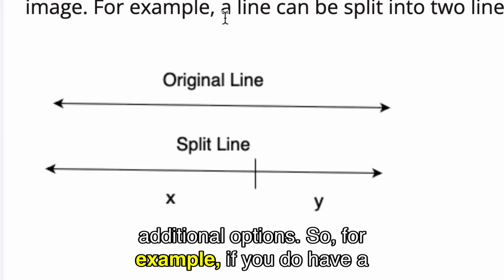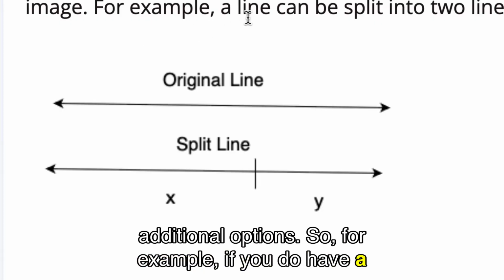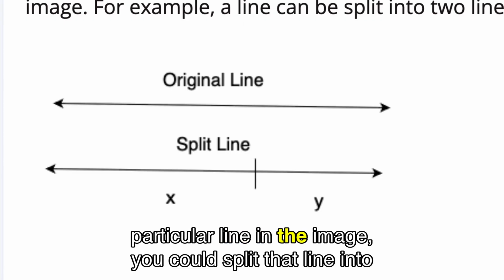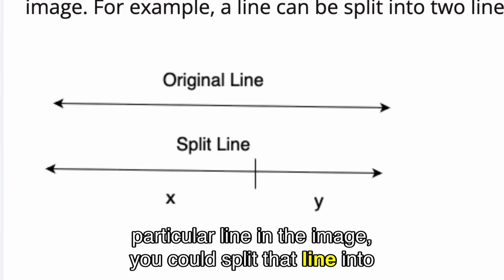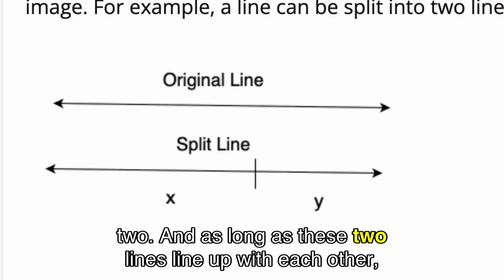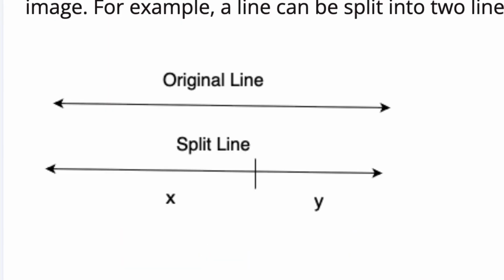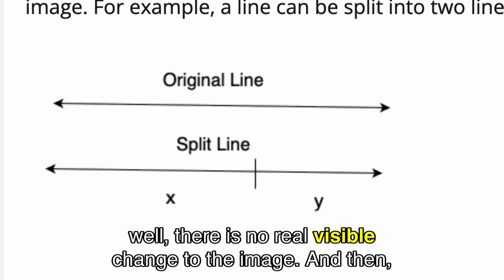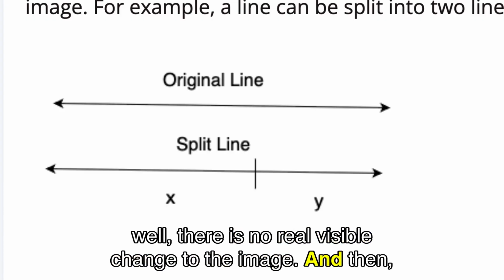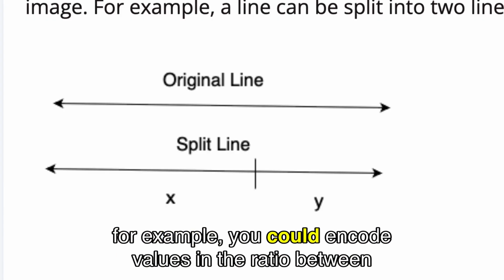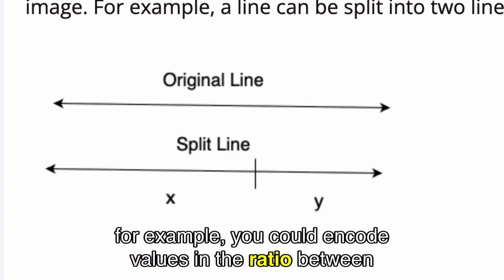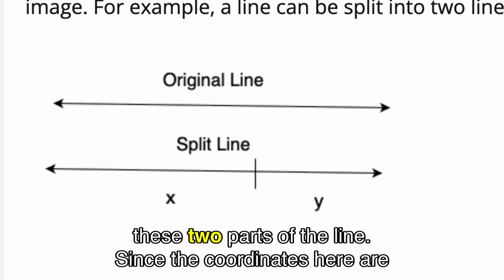So, for example, if you do have a particular line in the image, you could split that line into two. And as long as these two lines line up with each other, there is no real visible change to the image. And then, for example, you could encode values in the ratio between these two parts of the line.